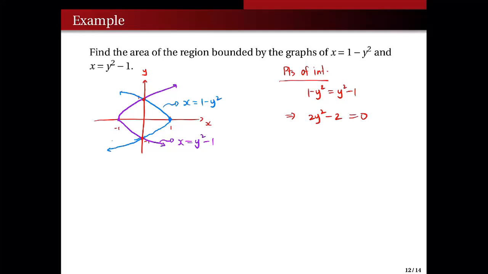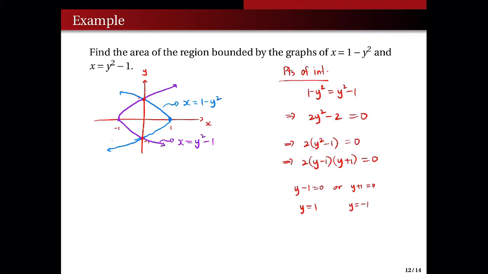Then you can factor 2 and you will have 2 times y squared minus 1 equals 0. And y squared minus 1 is factorable into y minus 1 times y plus 1. Which means that we have y minus 1 equals 0 or y plus 1 equals 0, or y equals 1, y equals negative 1.